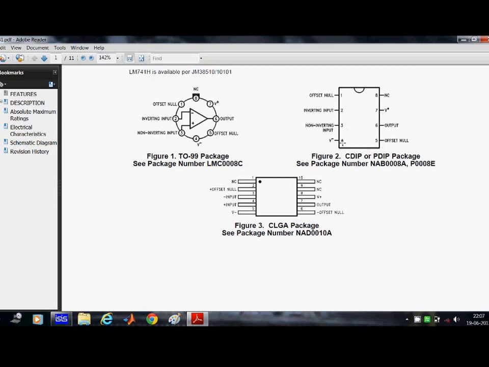The 4th pin, in my case, will be ground, and the 7th pin will be the positive supply voltage. The second pin is the inverting input, or the V minus as in our equation, and pin number 3 is the non-inverting input, or the V plus. Here in pin number 3 will go our V in, and in pin number 2 will go our V reference, that was V ref, and the 6th pin will act as the output pin.